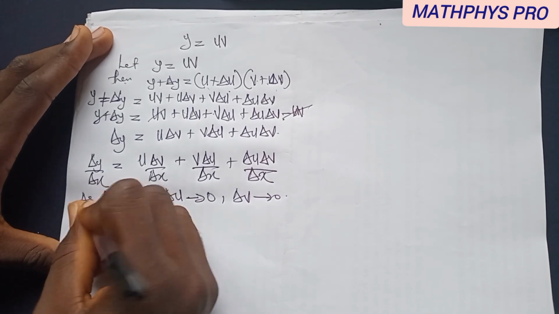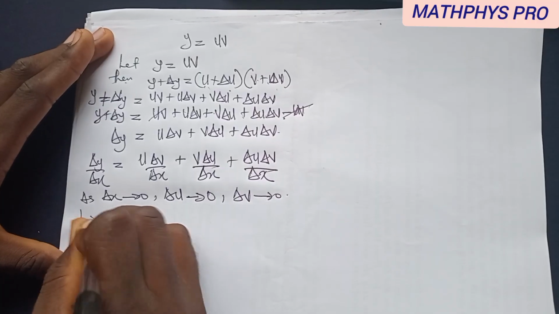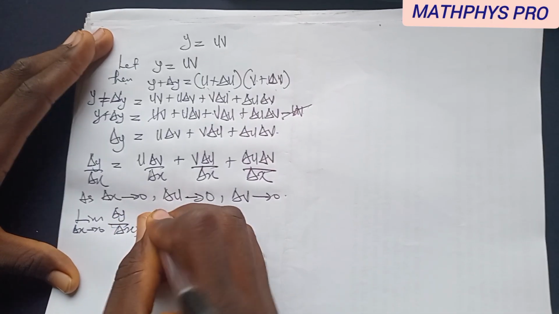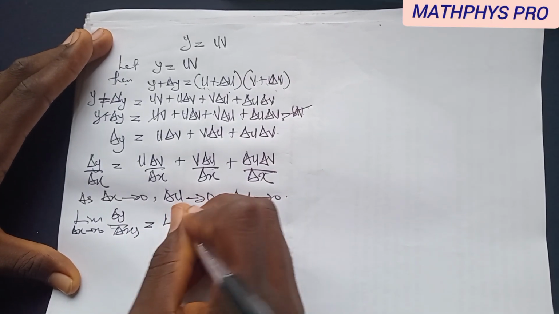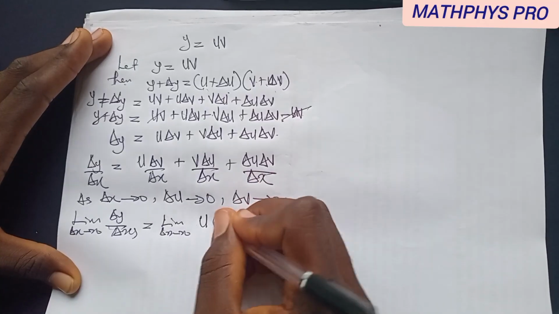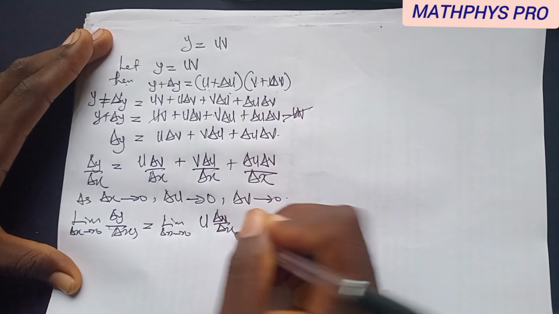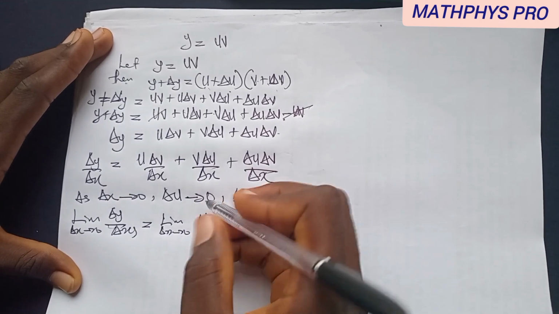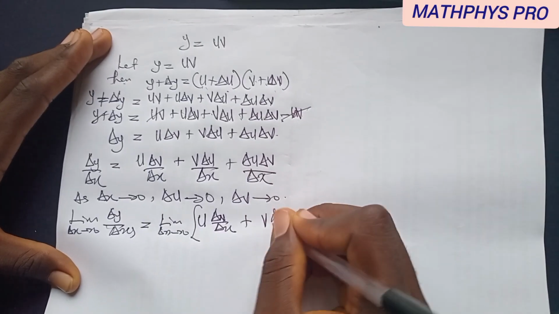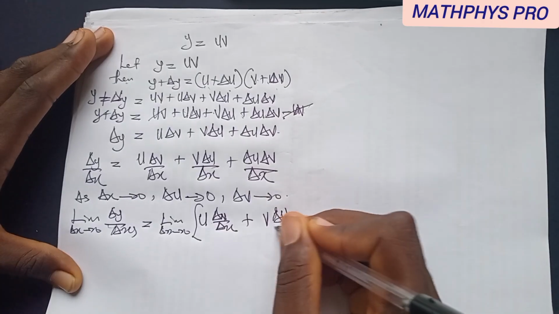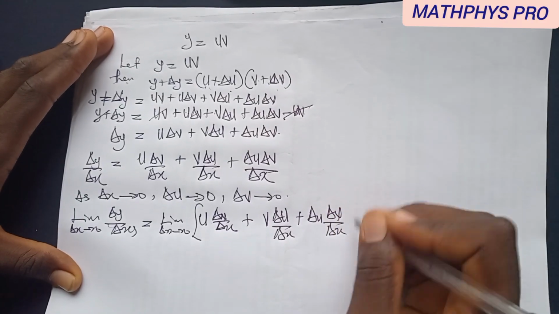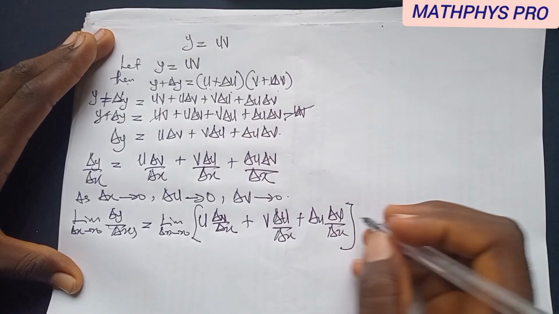Now we can say that the limit when change in x tends to 0 of change in y over change in x will be equal to the limit when change in x tends to 0 of u change in v over change in x plus v change in u over change in x plus change in u change in v over change in x.